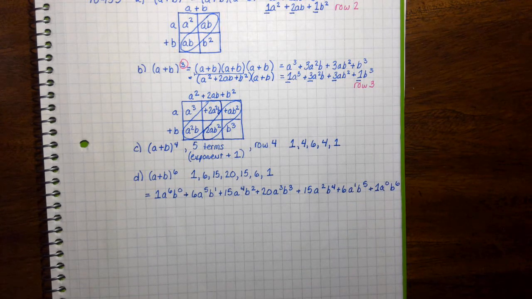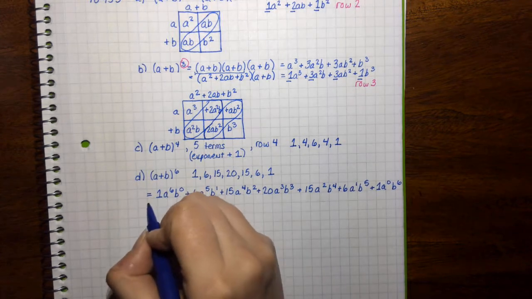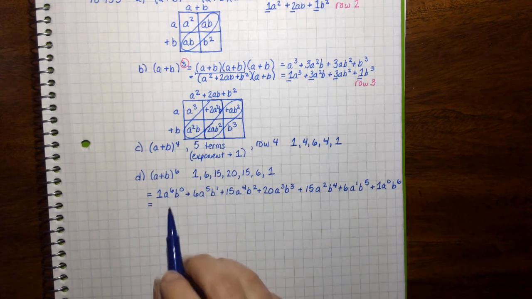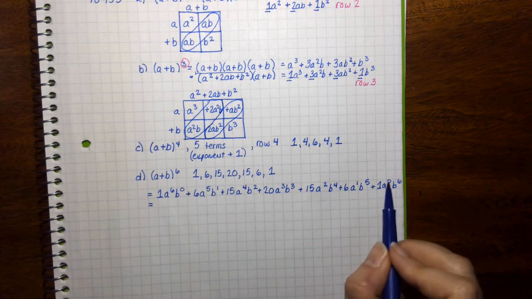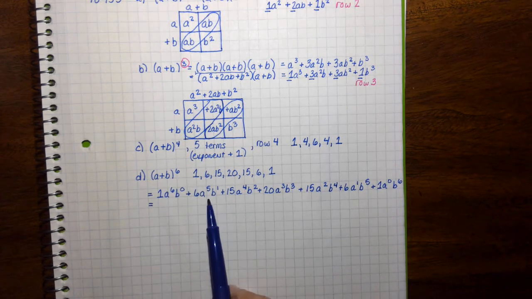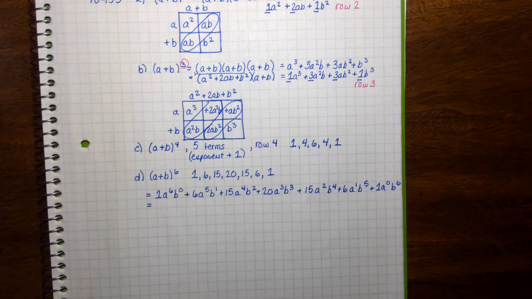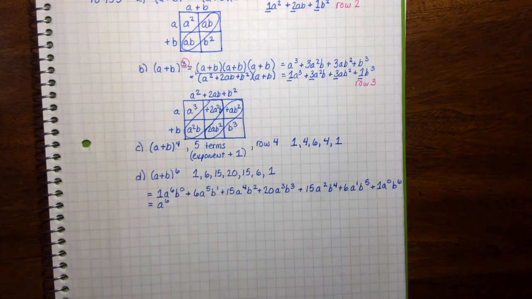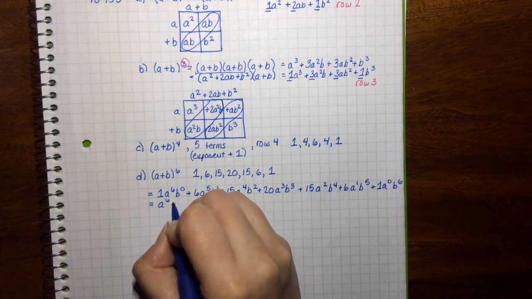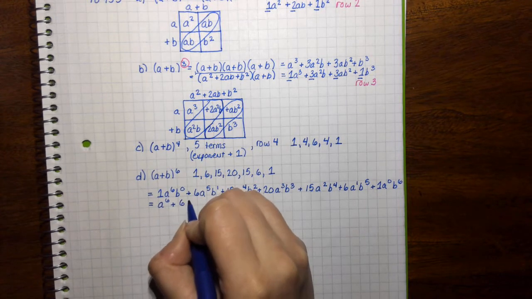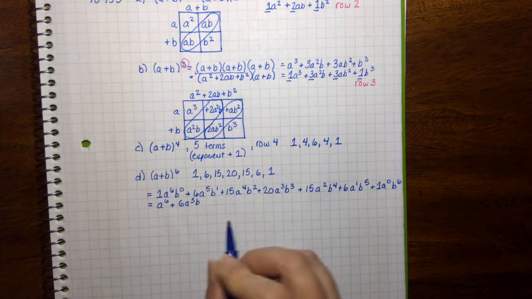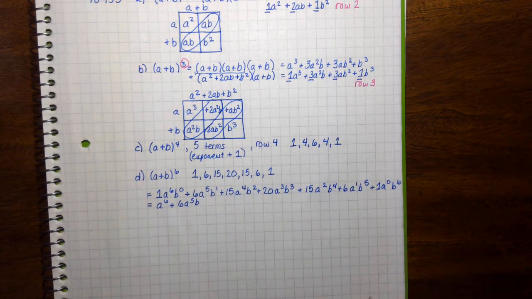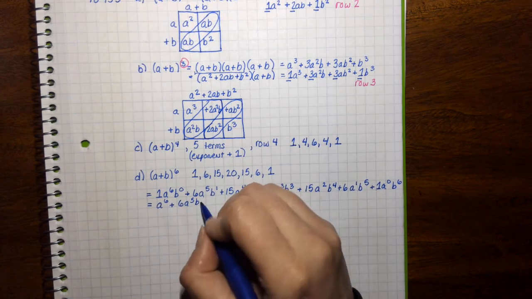Then we're just going to make this look a little nicer. We're going to take the 1 coefficients out, and the b to the 0 and the a to the 0, we're going to make those 1s. And anything to the 1 power, we're just going to write the letter. So this combined is a to the 6th plus 6a to the 5th b. Don't write the first part. You can, but I'm trying to make this prettier.